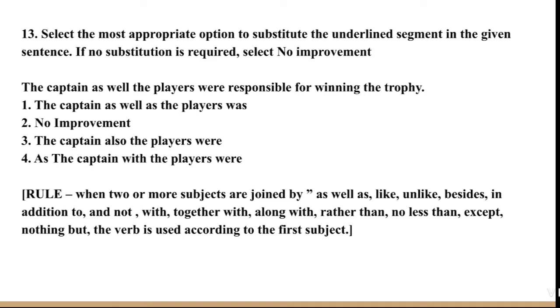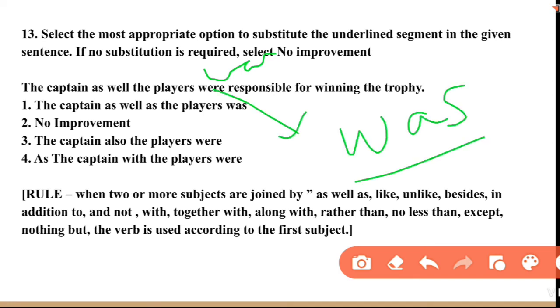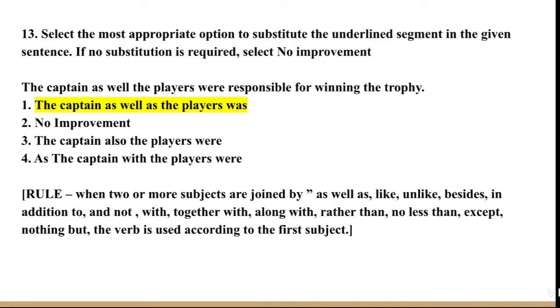So the captain as well as the players was, it would be was, not were. So you need to change were to was. So option 1 would be the answer.